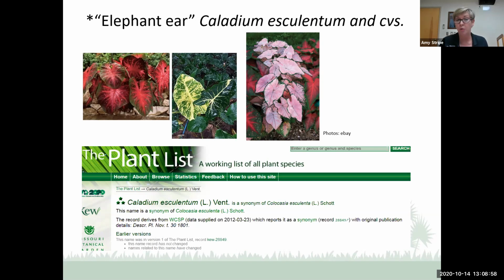This is a screen grab from Plants of the World Online, an excellent source and our go-to source for accepted scientific names. You will see down here where it says Colocasia esculentum is a synonym of Colocasia esculenta. So when you see Colocasia esculentum, it is actually Colocasia esculenta. I hope that's clear.